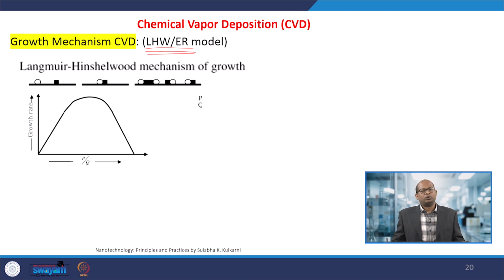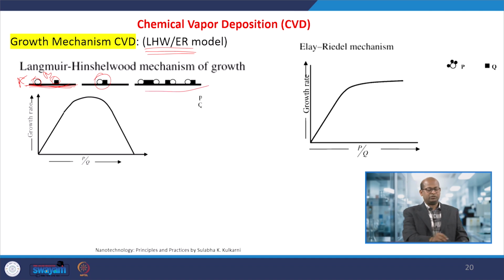Here, if we use multiple reactants, both will adsorb over the surface. This is the catalyst surface of the substrate, where both reactant A and reactant B are adsorbed, and then both react and a product forms.